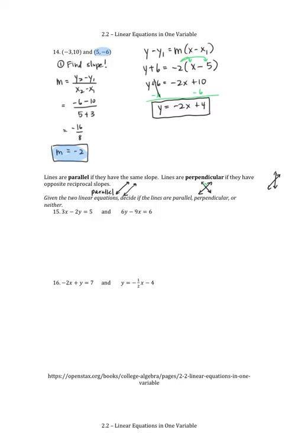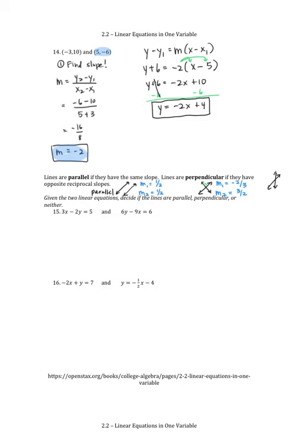Let's say for parallel lines, the first slope is 1/2, and the second slope is 1/2. Those would be parallel. For perpendicular lines, if the first slope is negative 2/3, then the second slope would be positive 3/2.